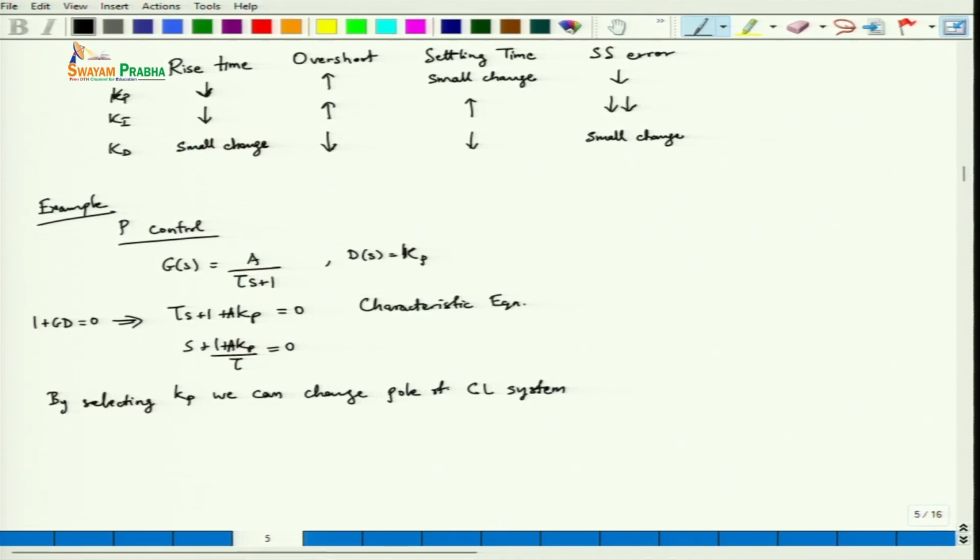As we have discussed in the previous lectures, this becomes very important, both from a performance point of view and for stability. So we can control the poles of this system.